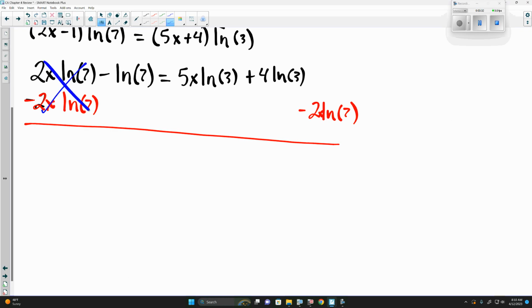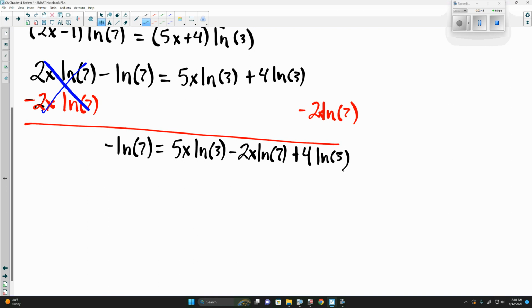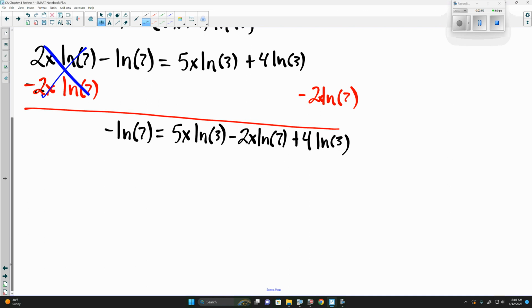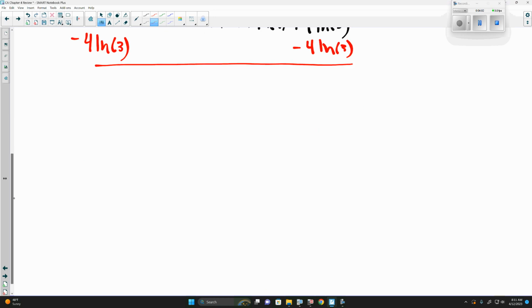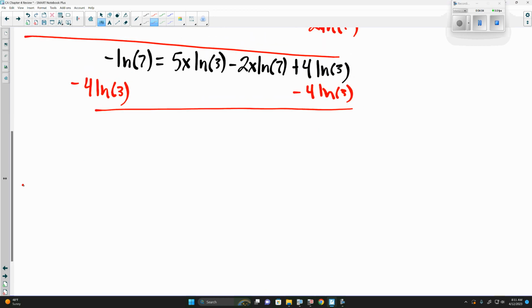So these will cancel, giving us negative ln of 7 is equal to 5x ln of 3 minus 2x ln of 7 plus 4 ln of 3. Well, I could have done this all in one move, but instead I've done it in two.